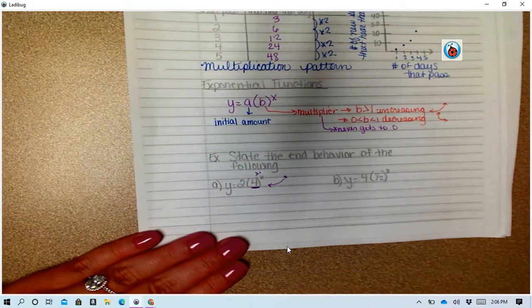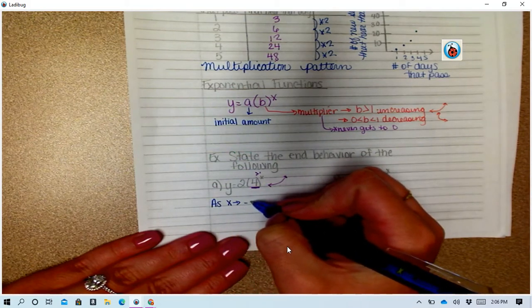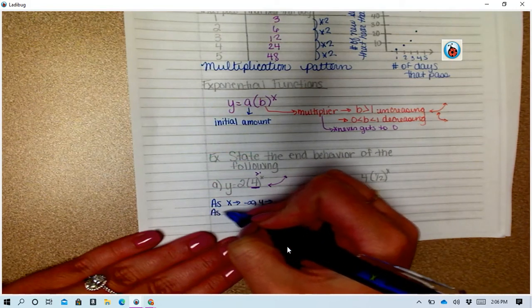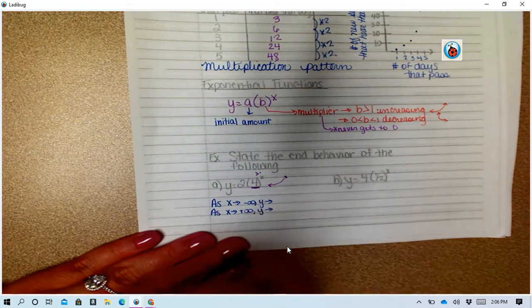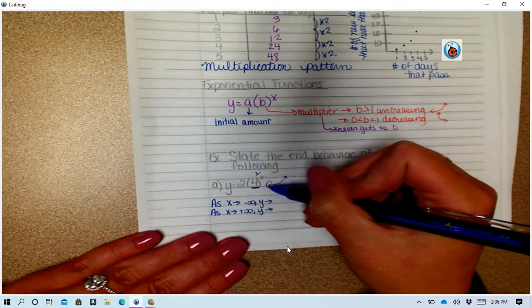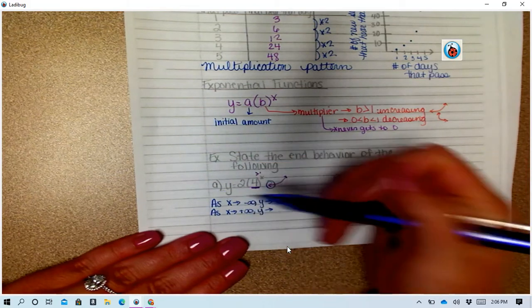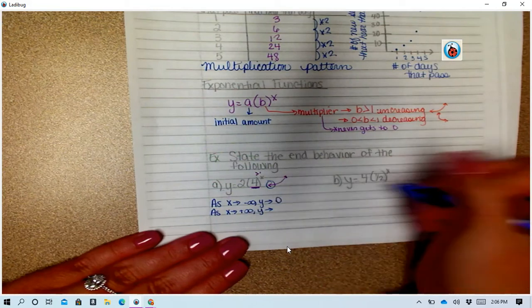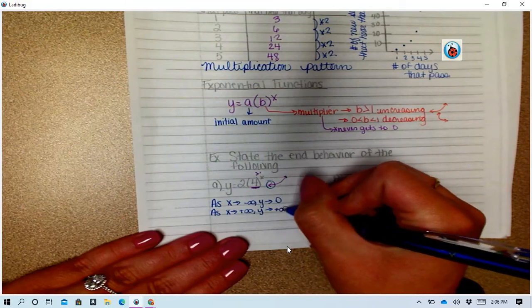So filling out the end behavior, as x goes to negative infinity, where does y go? And as x goes to positive infinity, where does y go? So this arrow here on the left, it keeps going and going, well, it never goes negative, so it just goes to 0. And this graph is going up towards positive infinity.